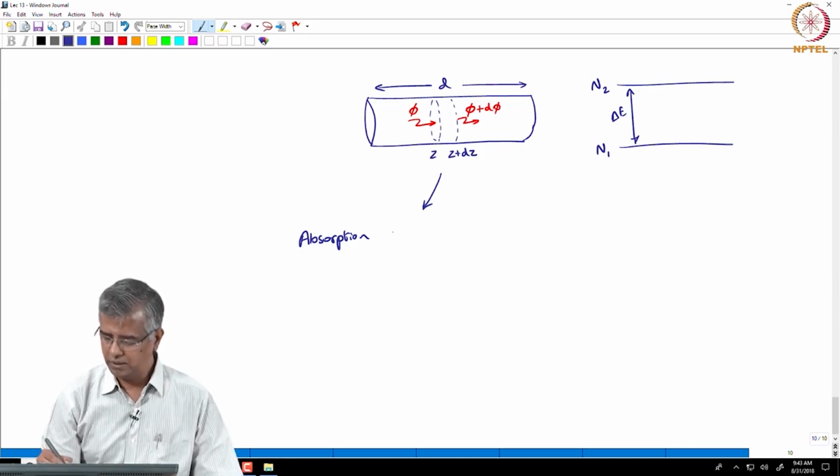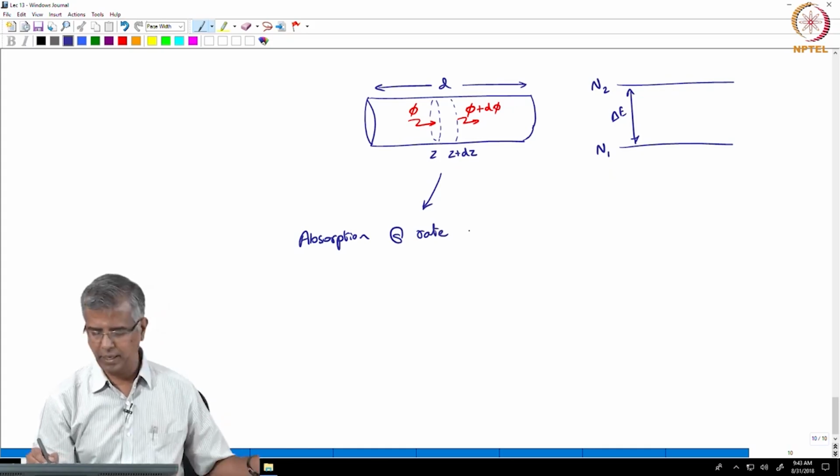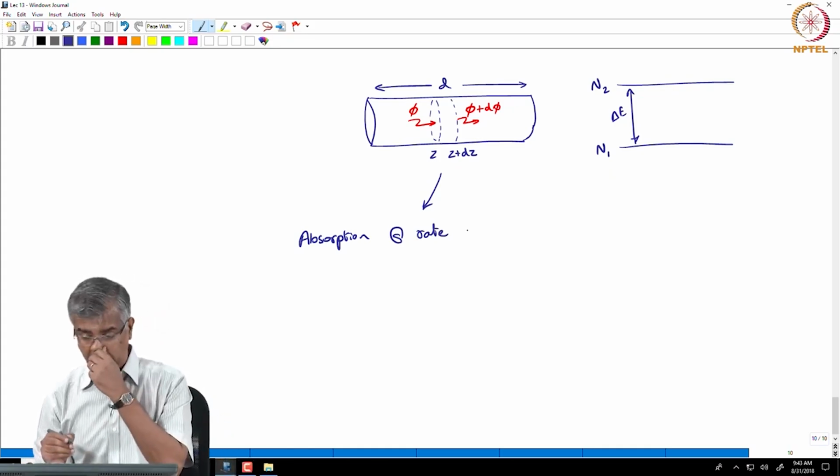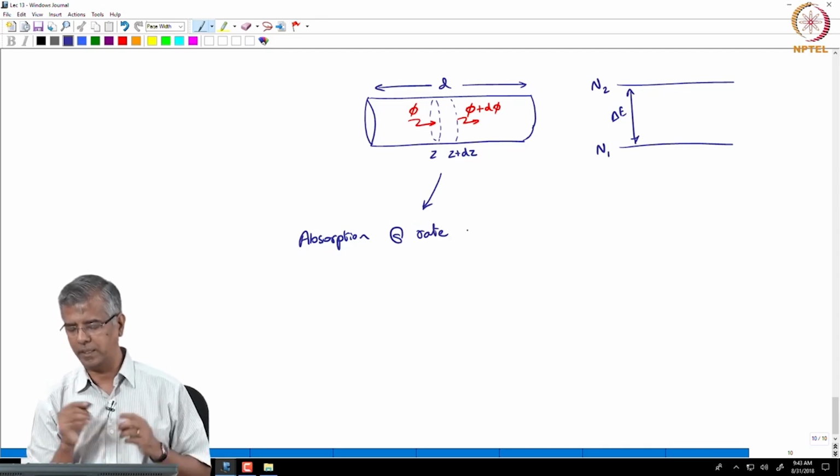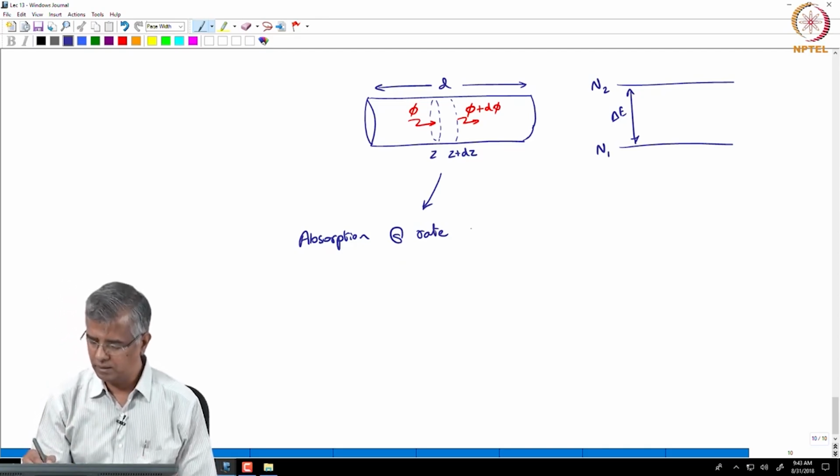So, absorption is happening at a rate that is given by, of course, absorption is going to depend on how many atoms are at that lower energy level.